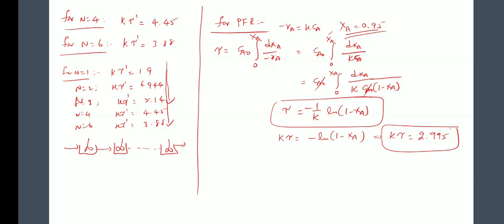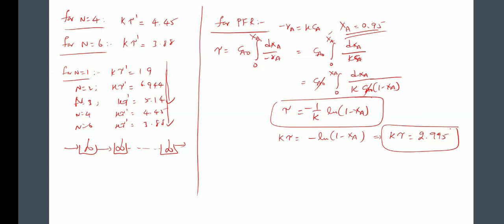It increases. The volume of the reactor is also very high in the CSTR because tau dash is directly proportional to volume. And this value 19 is very high compared to the value we got for the PFR. PFR volume is very less, whereas CSTR volume is very high.